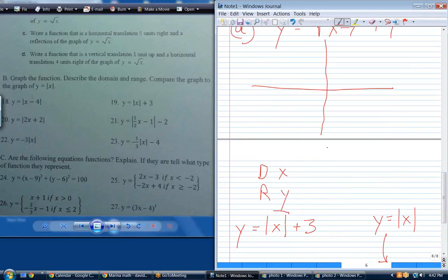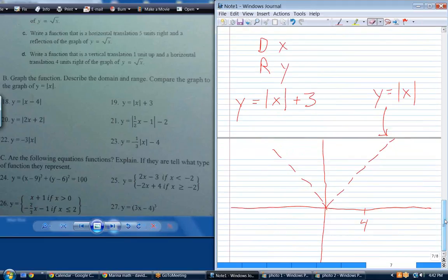Since this part of it is always positive, that's never going to be negative, that means y has to be at least 3. It can never be less than 3. If this part is a plus 1, then y is 4, but the absolute value of x, no matter what x is, is never going to be less than 0. So there's no way it could be a negative number and make y less than 3. So again, you don't need the graph to figure out the range. It's just helpful in figuring out the range.